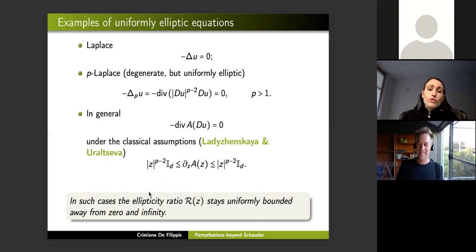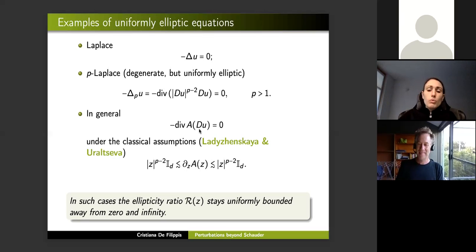Now, some examples of uniformly elliptic equations. Well, we have the queen of the equations, which is the Poisson equation. If we want to go to the nonlinear setting, the p-Laplacian equation. Or more generally, we can consider nonlinear tensors minus divergence of A of Du, where A verifies classical assumptions introduced by Ladyzhenskaya and Uraltseva, which essentially say that D_z of A behaves precisely as one would expect from the Laplacian.